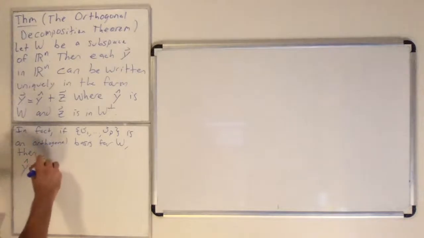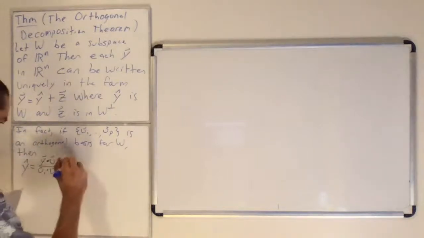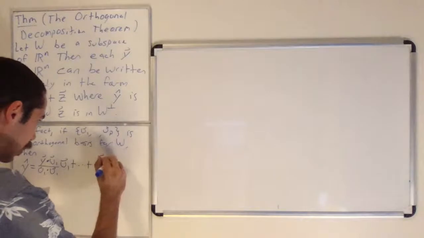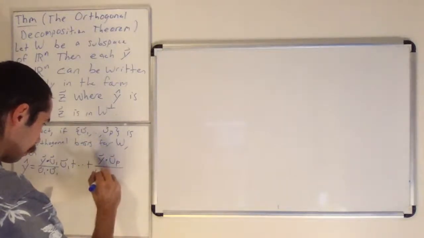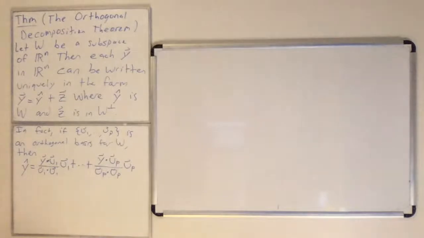It's y dot U1 over U1 dotted with U1 times the vector U1 plus, and so on, y dot UP over UP dotted UP times the vector UP. So this is how we get y hat, and the way we get z is we take our vector we started with and we subtract y hat. Okay?